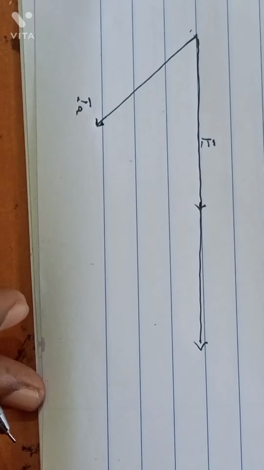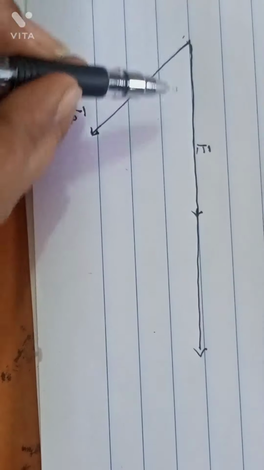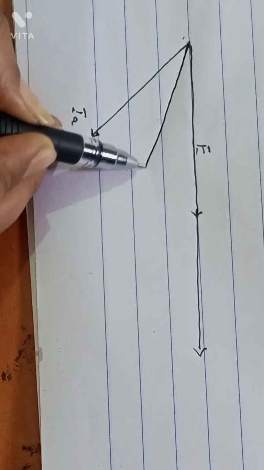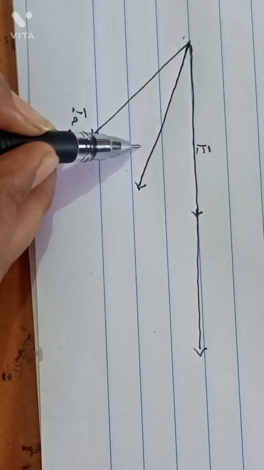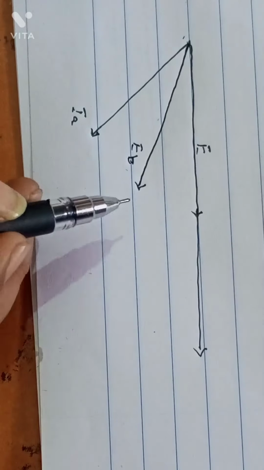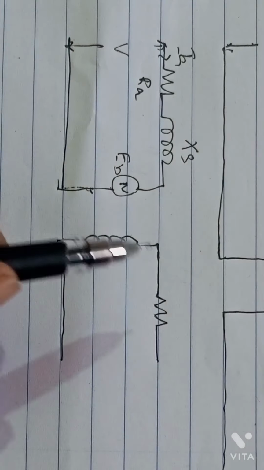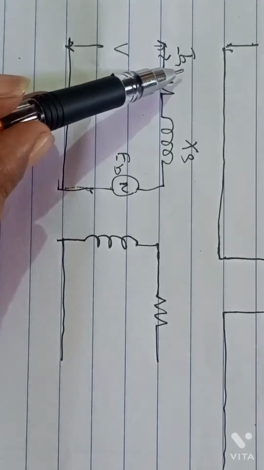After that, what is EB? EB is the resultant of E and I. Okay. So EB is the resultant of voltage and current.